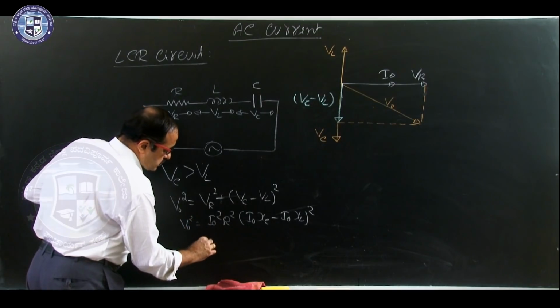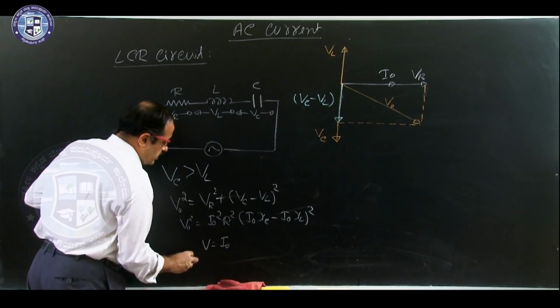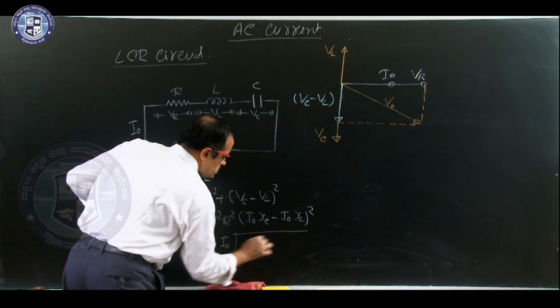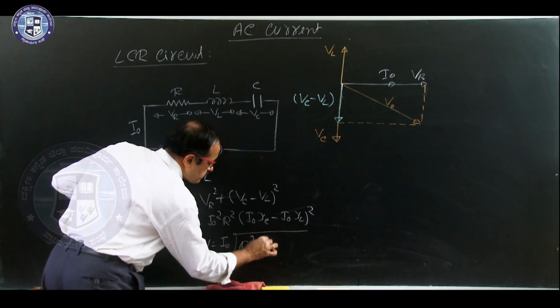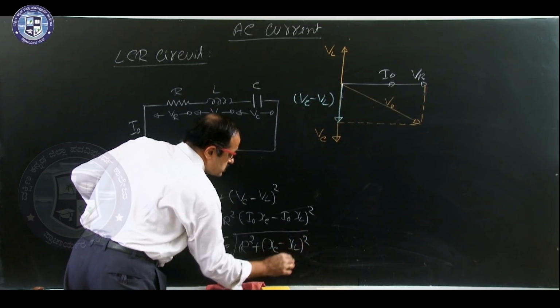And if you continue this one, finally V naught is equal to I naught into square root of R square plus Xc minus Xl whole square.